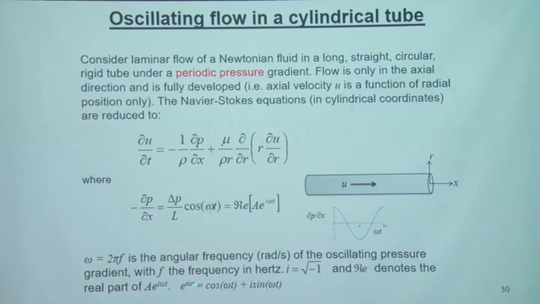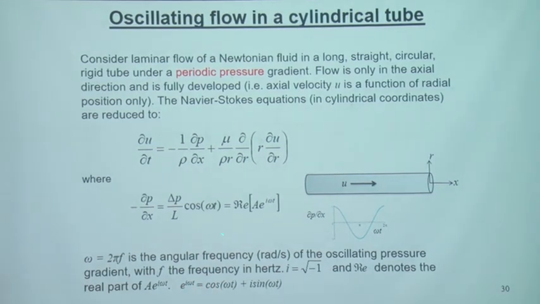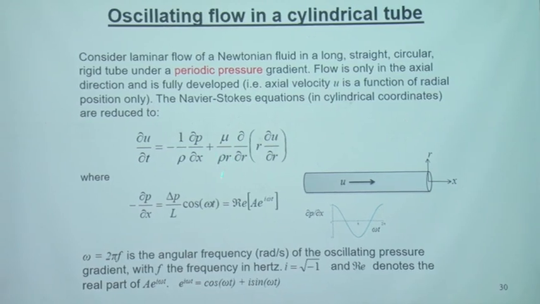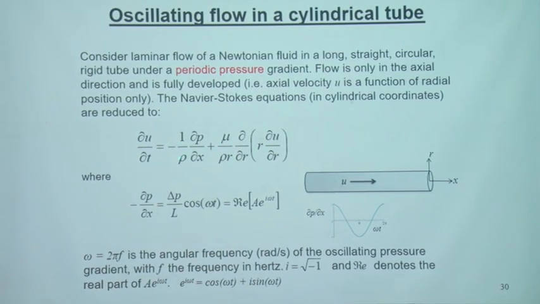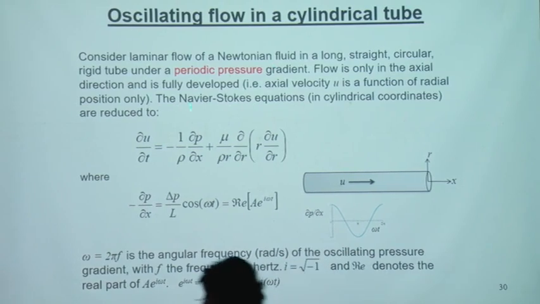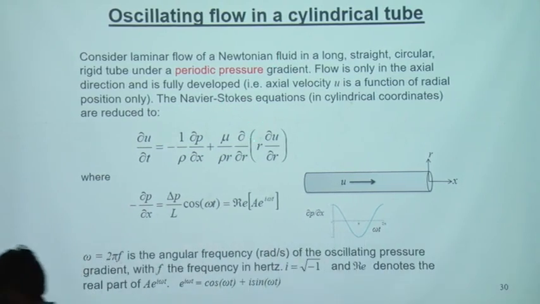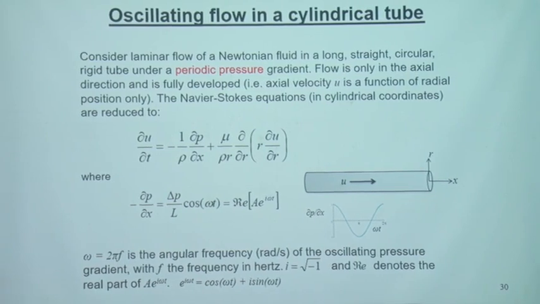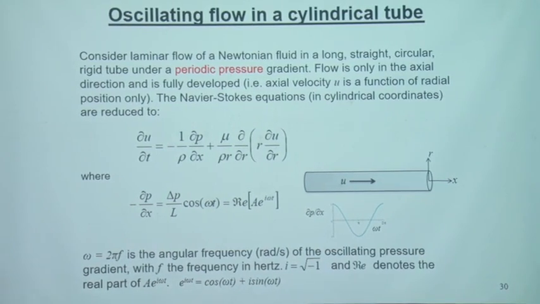And angular frequency also appears in this expression. So this is the Navier-Stokes equations. It's reduced to this form when we made all of these assumptions. And again, these can be solved when combined with the pressure gradient described in that expression.